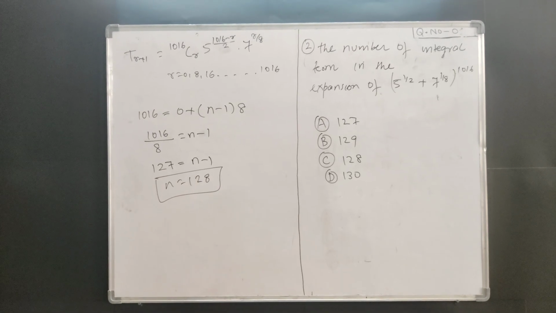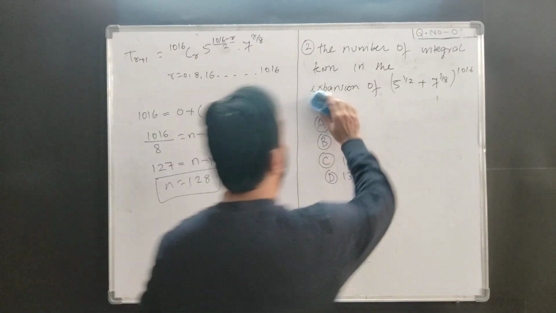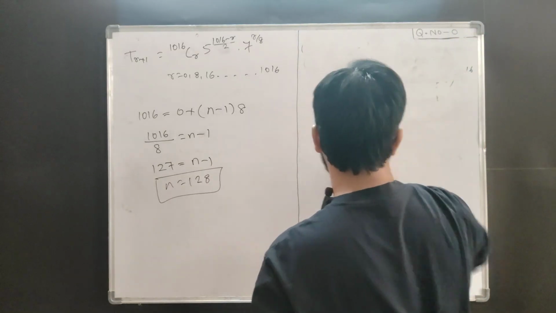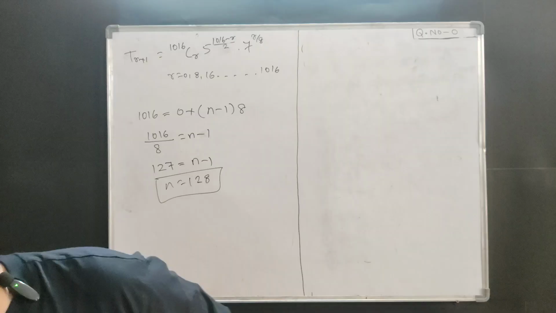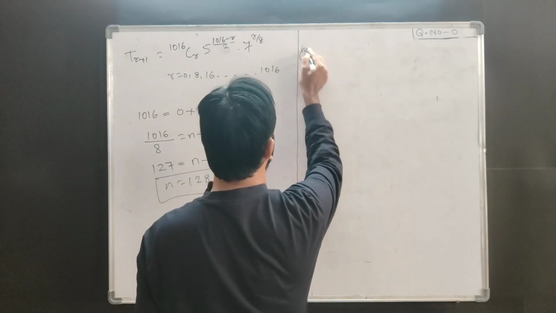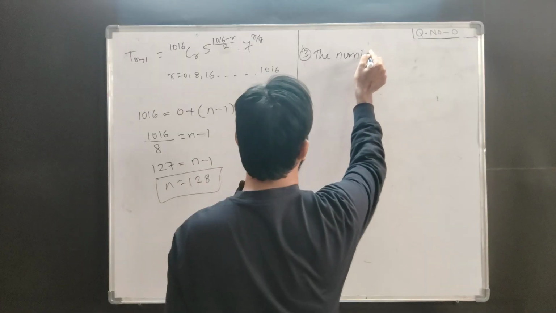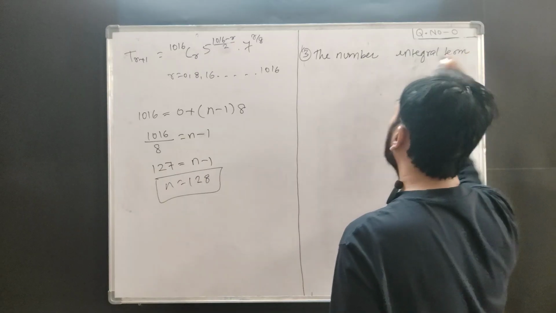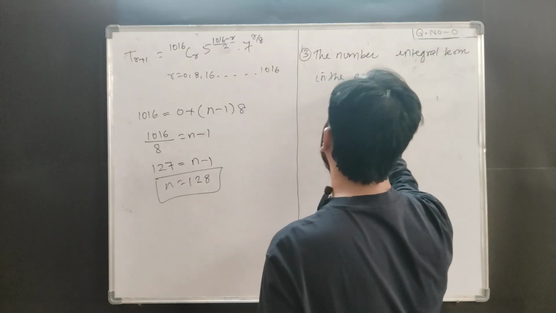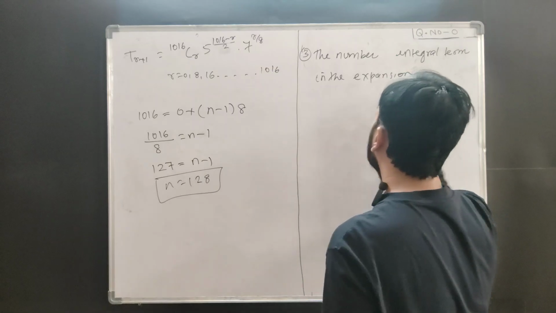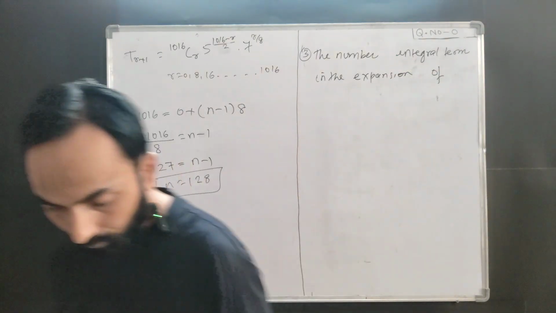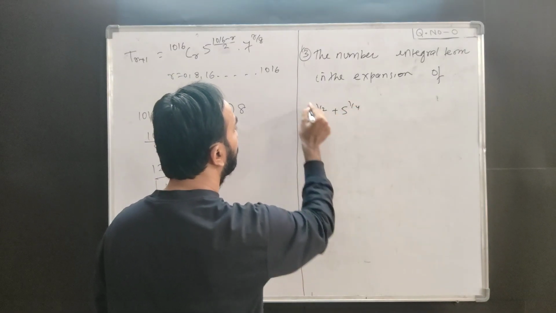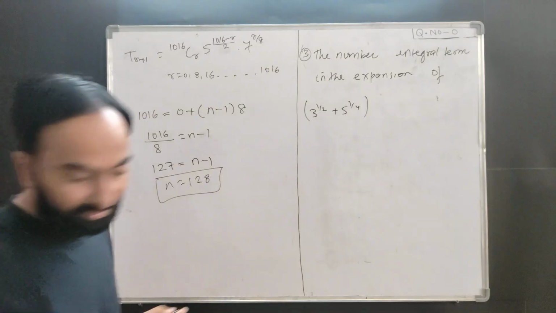The number of integral terms in the expansion of (3 to the power half plus 5 to the power 1 by 4) whole to the power of 680.